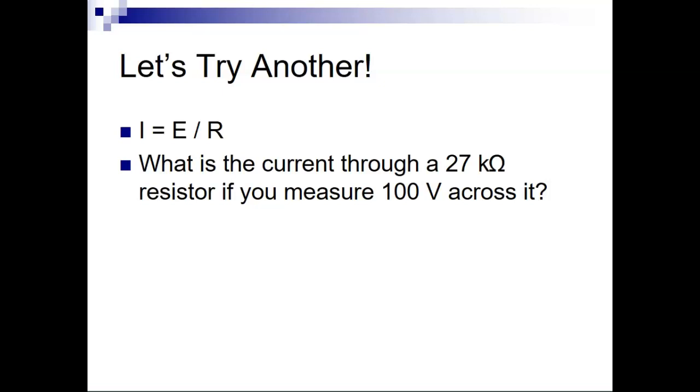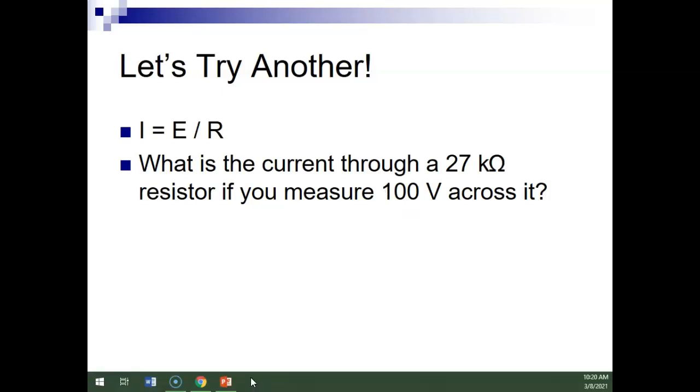Or just amps. So 100 divided by 27,000. Oh wait, I did that wrong. My calculator gave me a symbol, a capital M with a line off the branch.